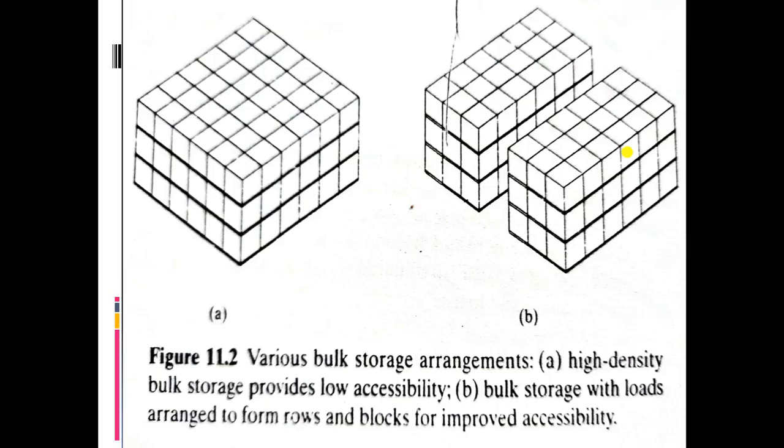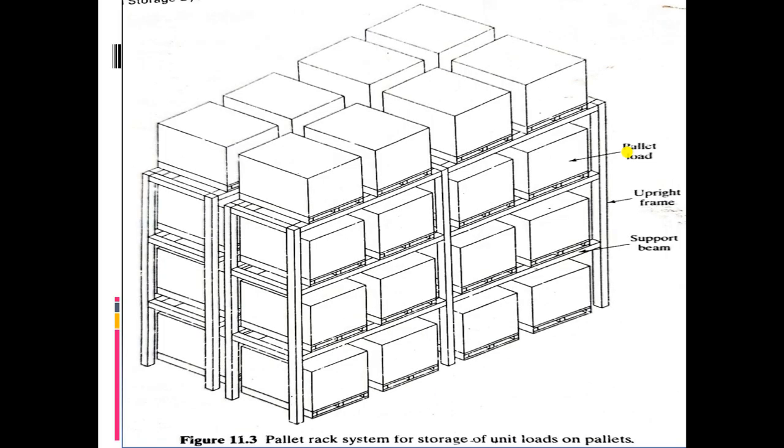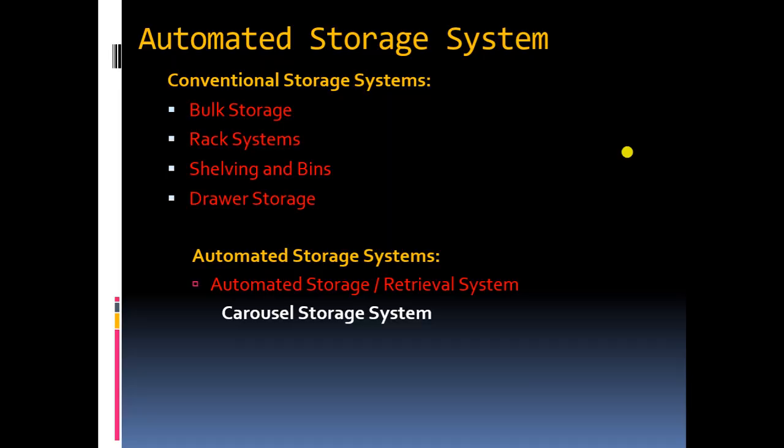There are different types of ASRS that are unit load ASRS, deep lane ASRS, mini load ASRS, man on board ASRS, automated item retrieval system, vertical lift storage modules, and work in process storage.